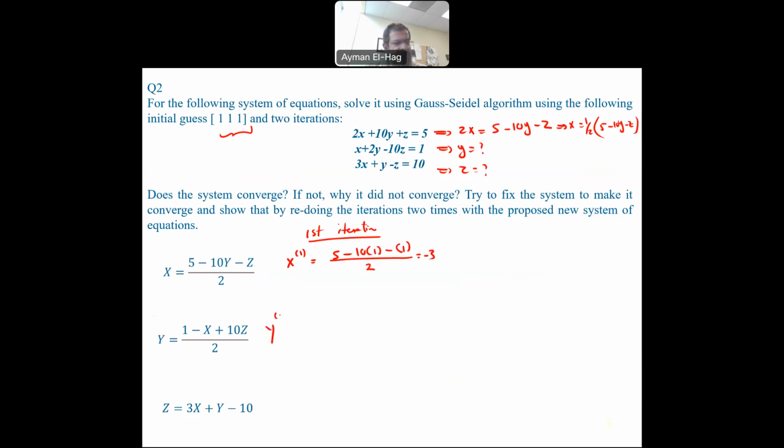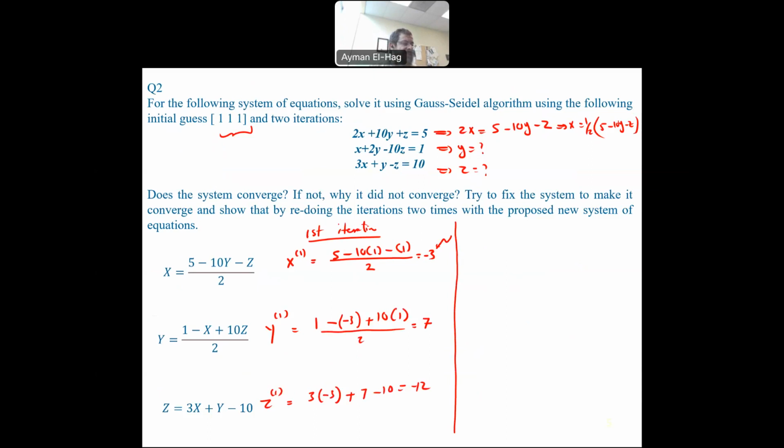Coming to y for the first iteration, it equals (1 minus, now x has an updated value, which is minus 3, I will not use the 1 anymore, so minus minus 3 plus 10), and z I don't have any answer for yet, divided by 2. And this will give me 7. And finally, your z in the first iteration will equal 3 times minus 3 plus 7 minus 10, and this is minus 12. This is my first iteration.